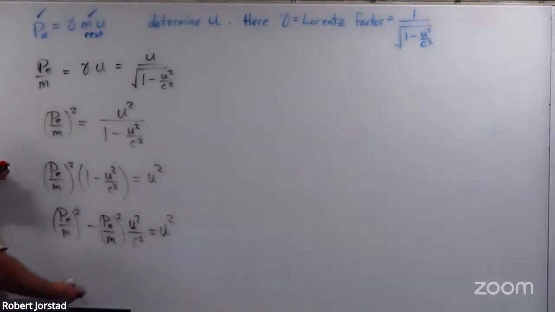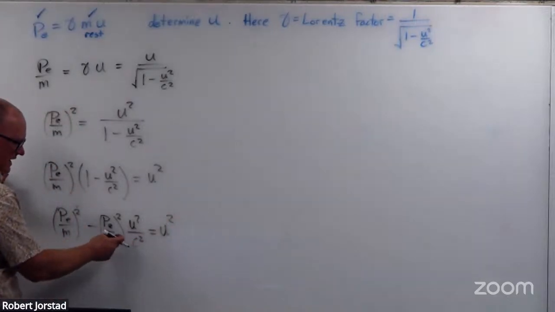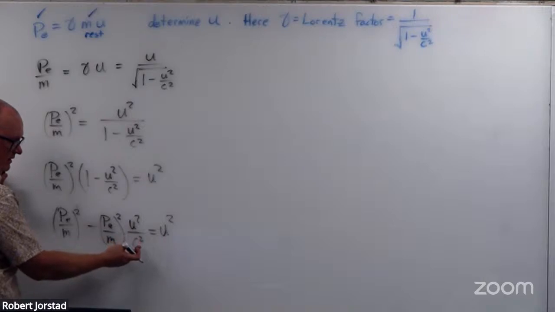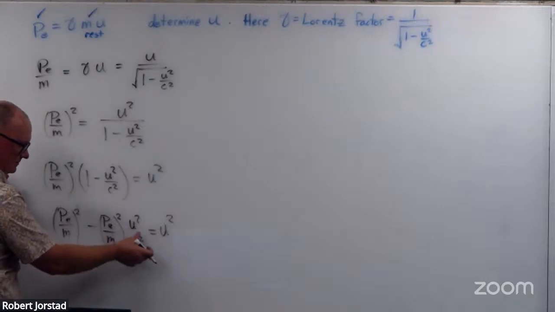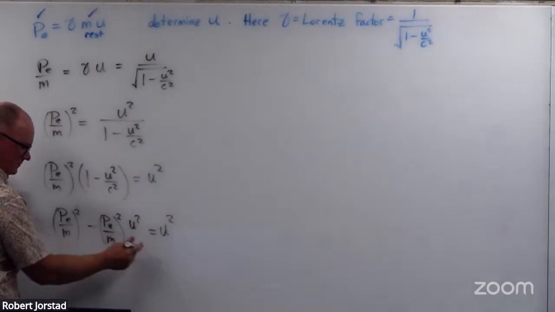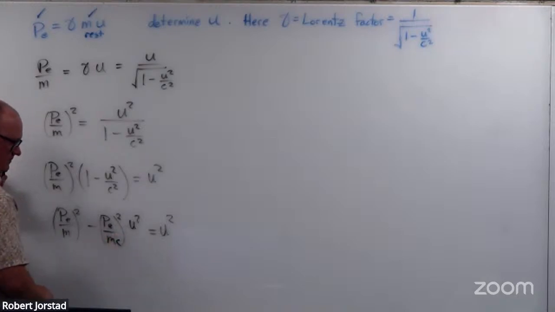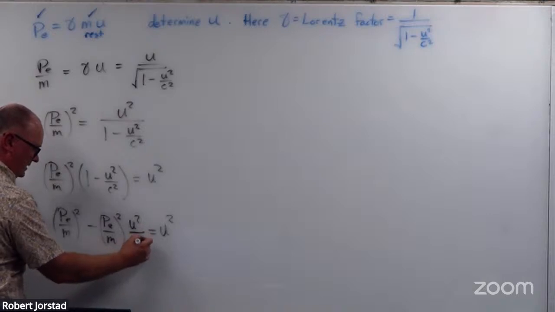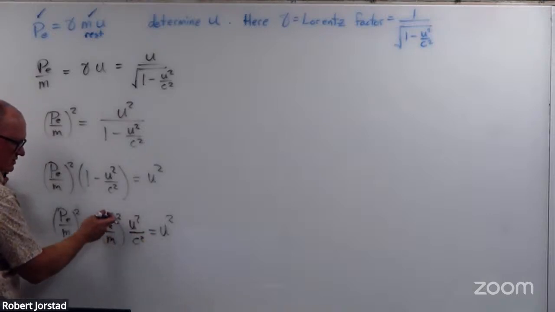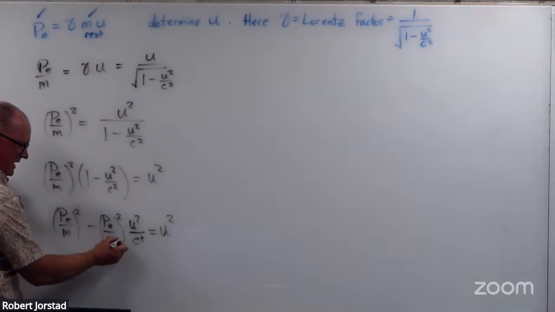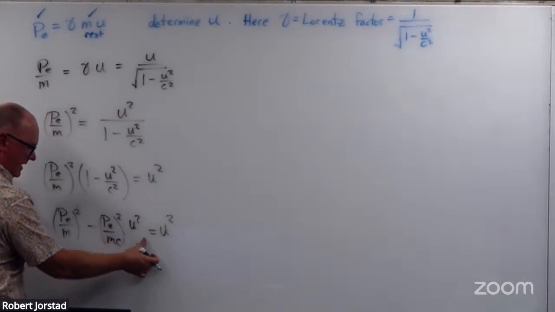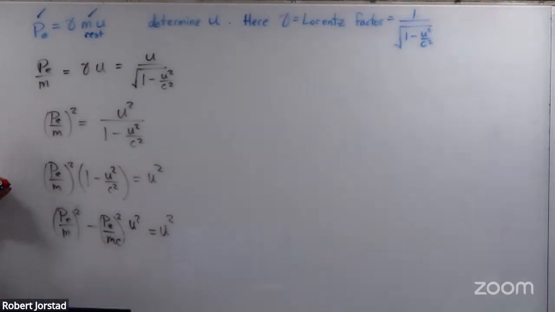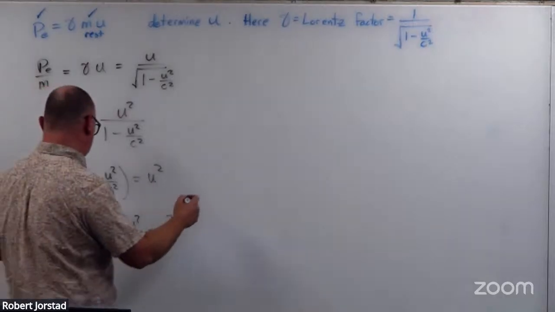But notice I could bring this inside if I take off the squared. I'm going to show you that again. So U squared over C squared, this term is squared. I could bring the C inside and get rid of that. Notice I still have an over C squared. Well, now it's a little bit easier for me to work on.